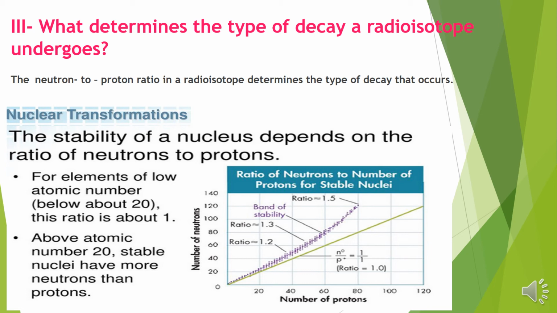This ratio is about 1, or as you see in the graph, 1 or 1.2 or 1.3. Here we have a band of stability. The nucleus is stable. Now, above atomic number 20, the stable nuclei have more neutrons than protons. So in this case, it can undergo a nuclear reaction, or it will become unstable.